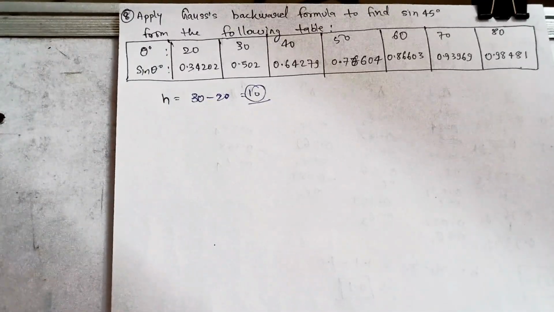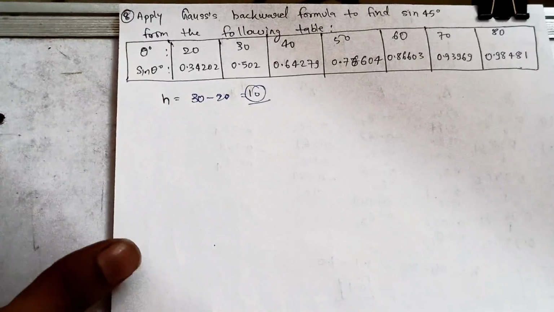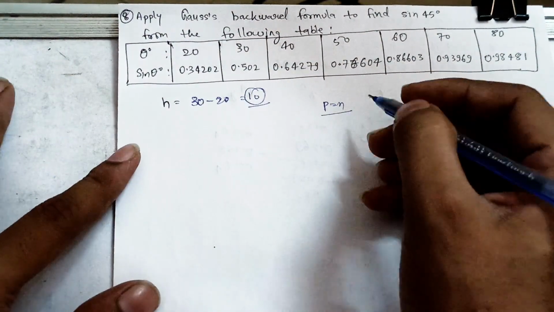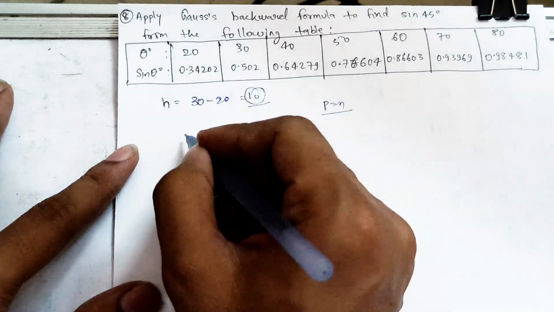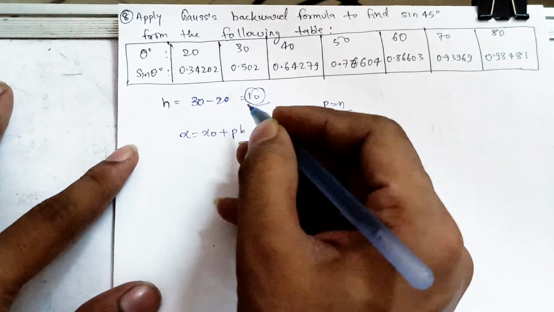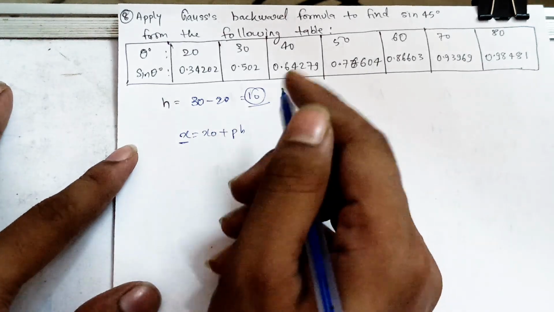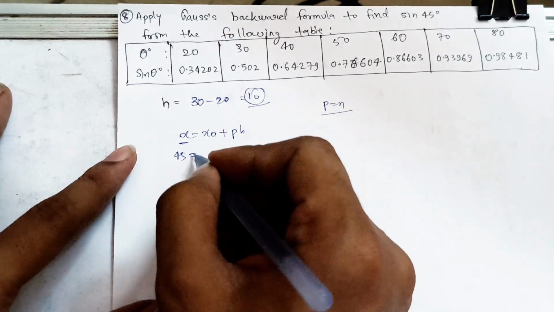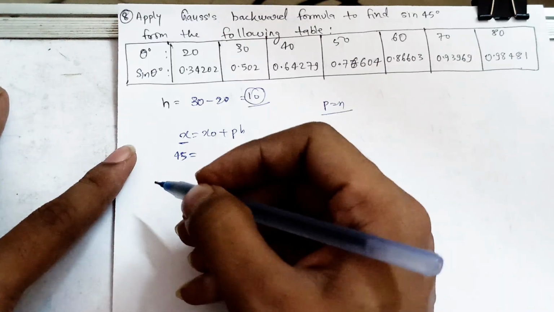For finding out what p is, we apply the formula x equals x naught plus p into h. Here x is 45, and to choose x naught we have to choose in the backward direction.